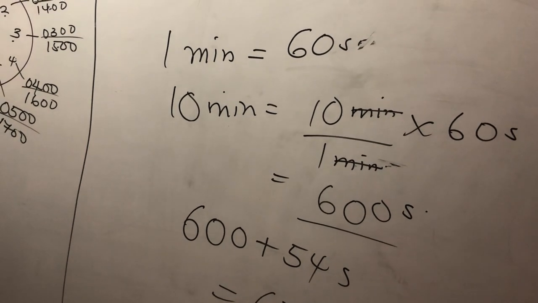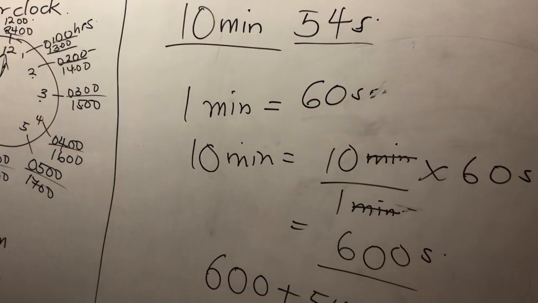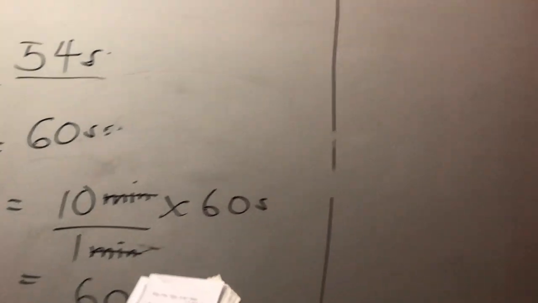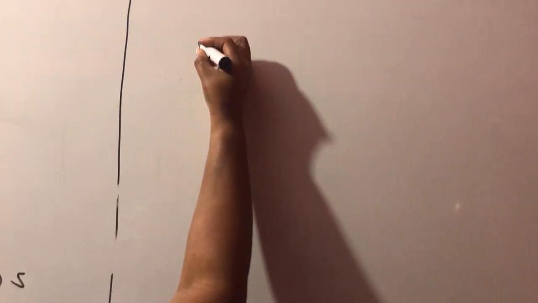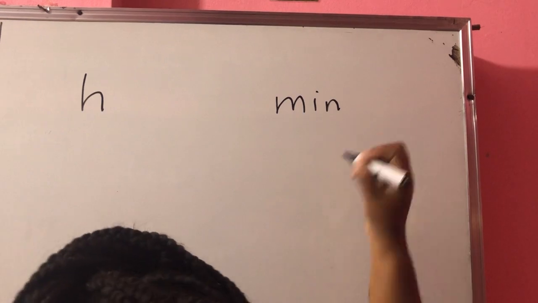Then we move on. The last thing we are looking at for the day is how to add times. Let's pick this one. You are supposed to add hours here, minutes here.